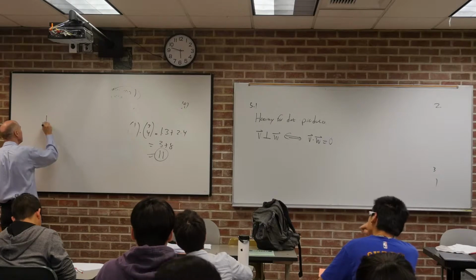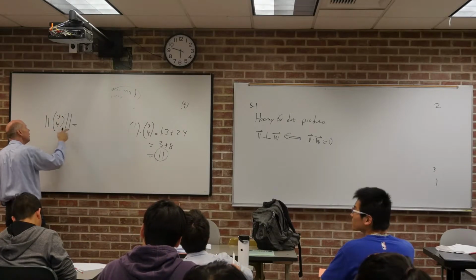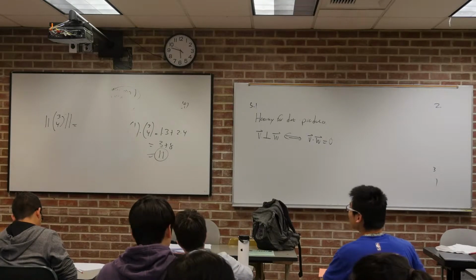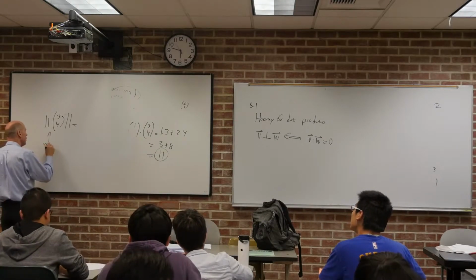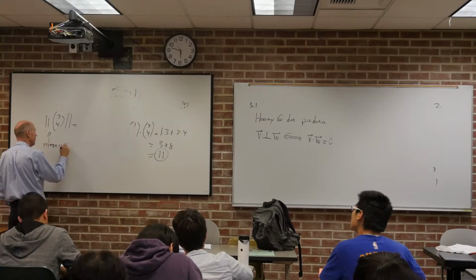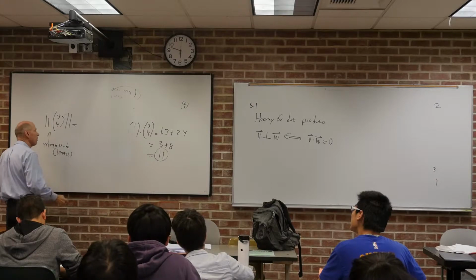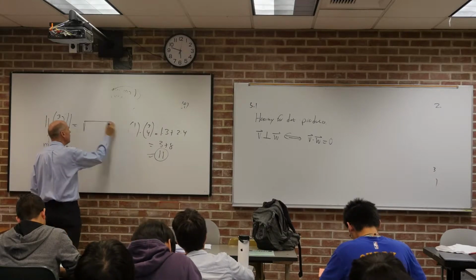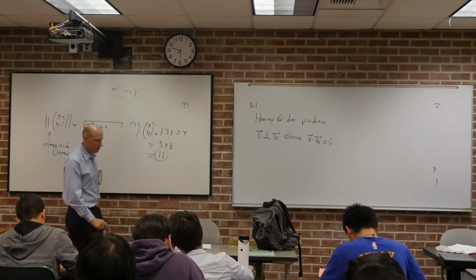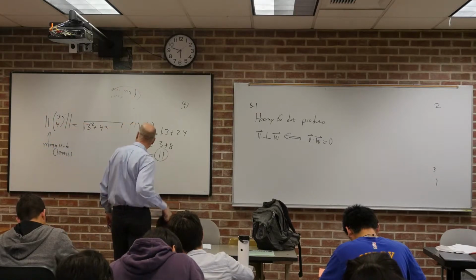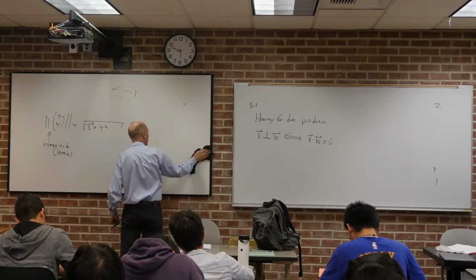Let me show you another thing I like about dot products. What does the double bar mean? The magnitude, which is the fancy way of saying length. Then the magnitude essentially comes from the Pythagorean theorem.